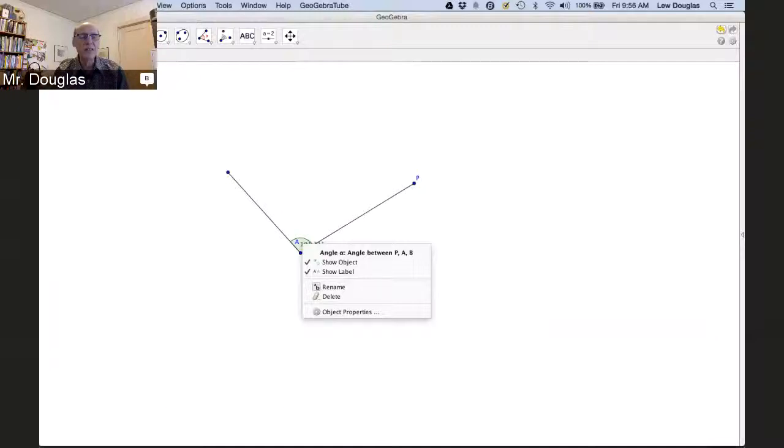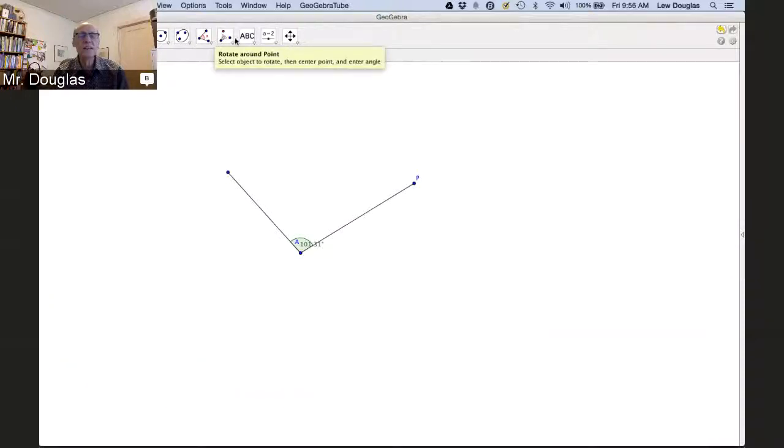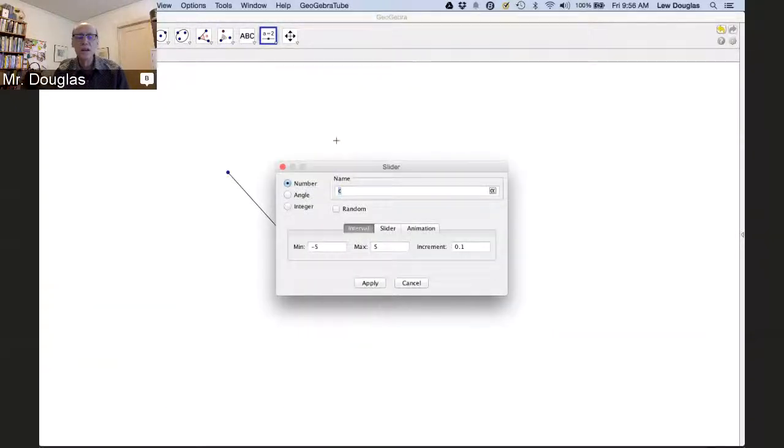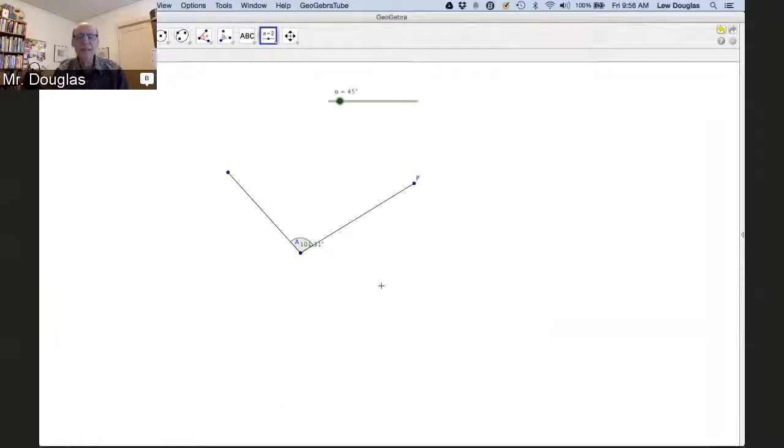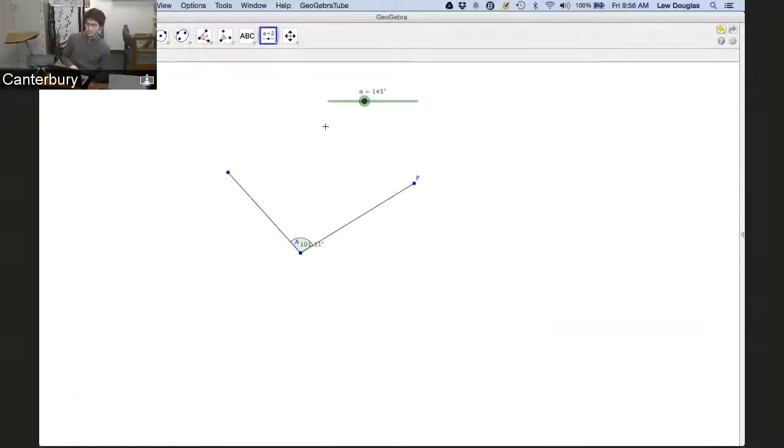All right, now let's try it. Slider is here. Angle alpha. Apply. You have to make the slider random instead of fixed.